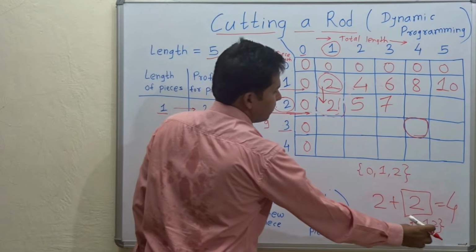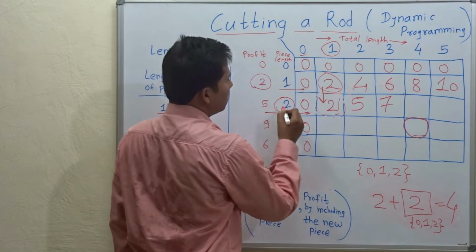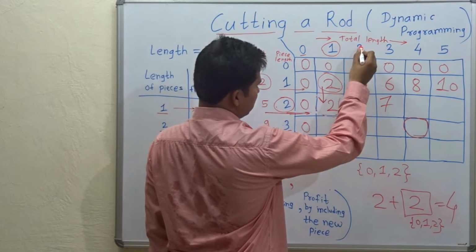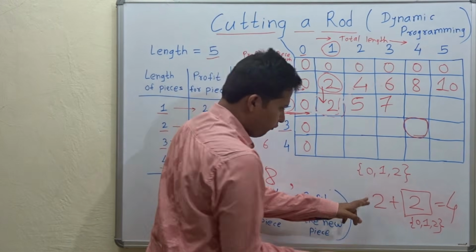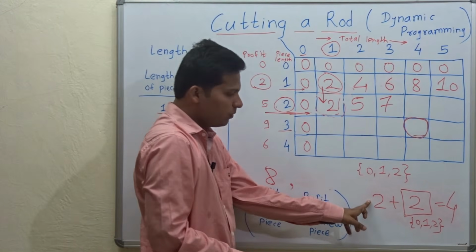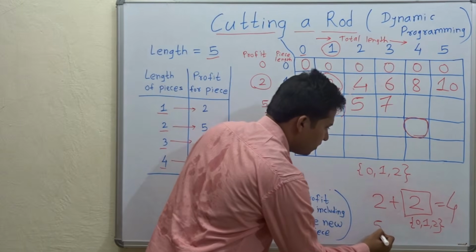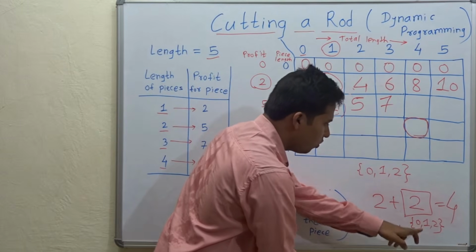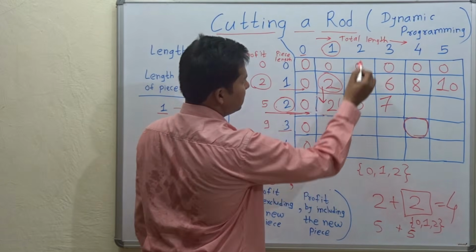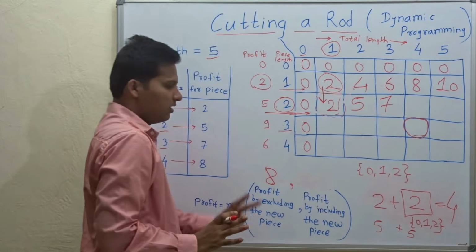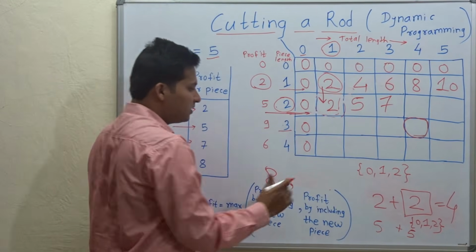Okay. Now by using 0, 1, 2 to make a total length of 2, the profit is 5. And for this piece of length 2, 5 is the profit, plus to make 2 by using 0, 1, 2, again 5 is the profit. Okay, so see, here are two things.